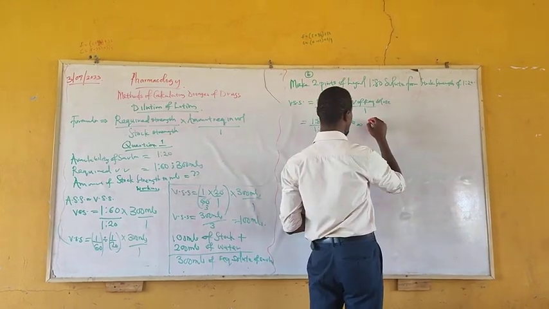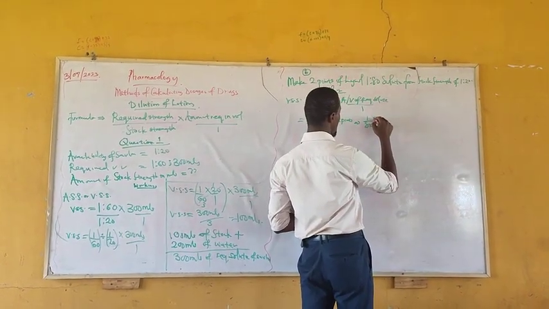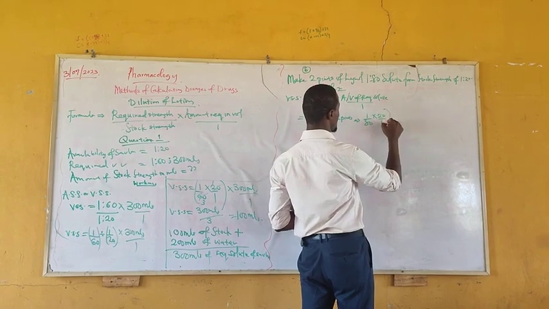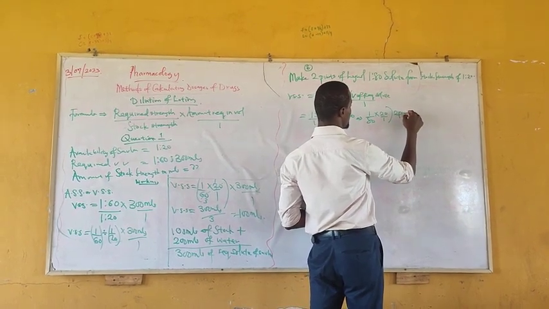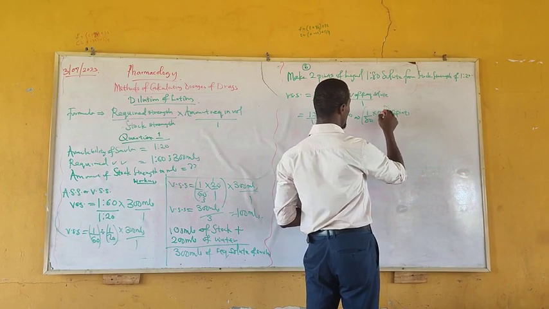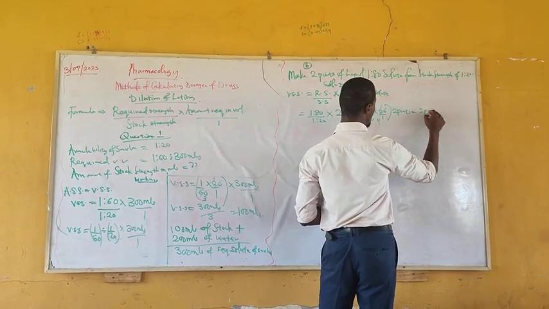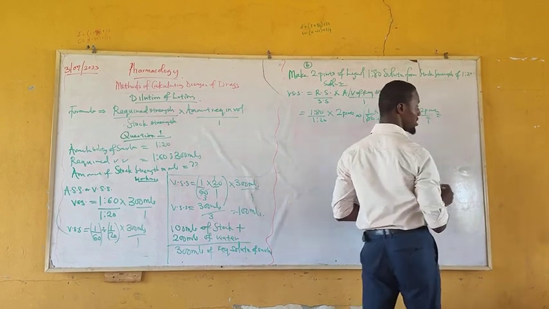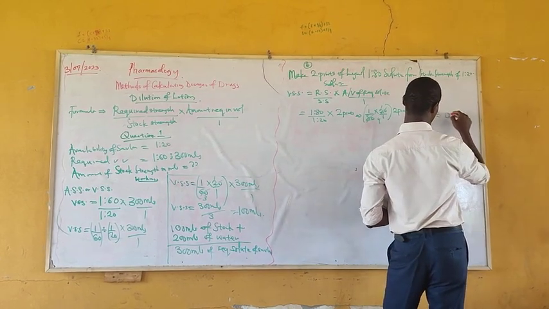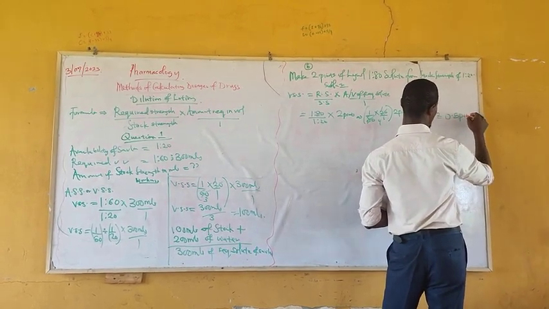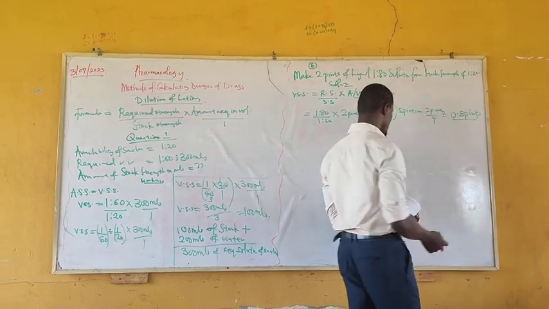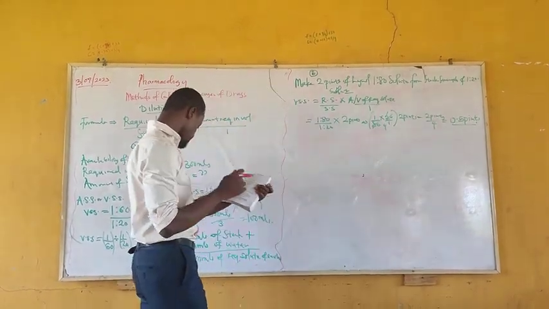At the end, we have 1 over 80 times 20 over 1 times 2 pints. That's 2 over, this is 4. This is 2 pints over 4. That's 0.5 pints.